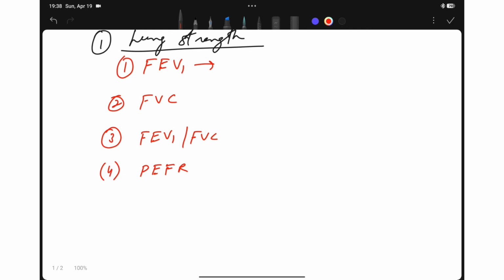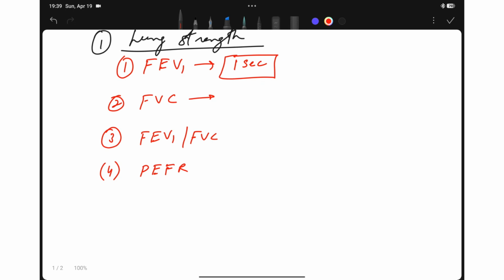Now what is FEV1? FEV1 is the maximum air exhaled out of the lungs after a deep inspiration during the first second. Got it? It is the air which is exhaled after a deep inspiration in 1 second, and that total amount of air contributes to the FEV1.